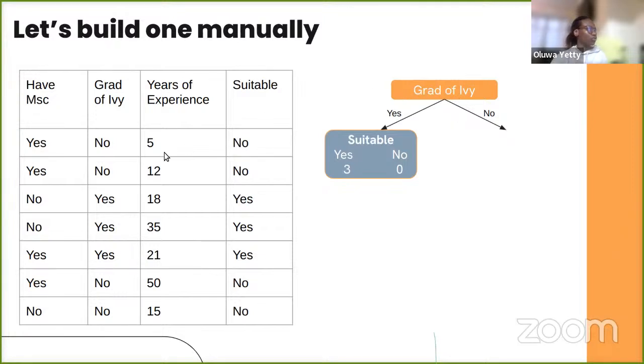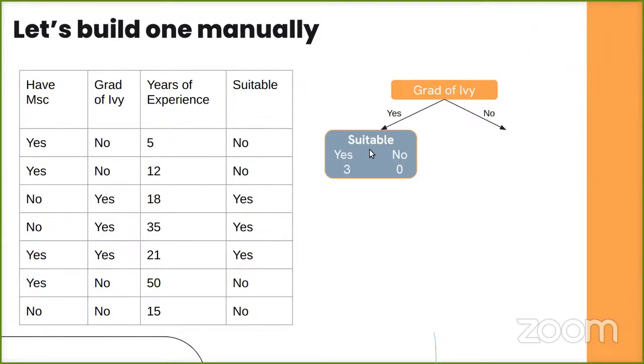So we go through grad of Ivy and we start with the yes branch first. We go through each row like this, from left to right is the row. So we check if they are a grad of Ivy. This is no, right, but we are under the yes branch. So we ignore this row for now because we are still dealing with just the yes branch.